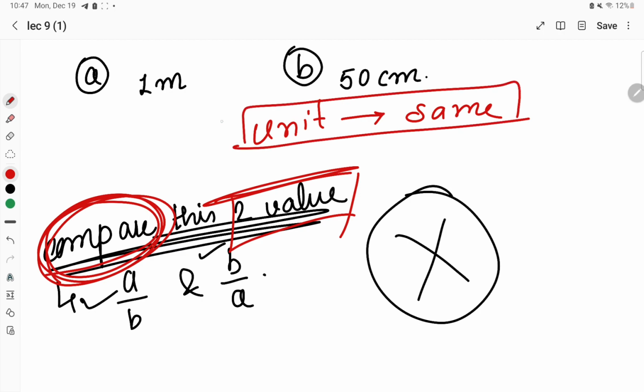This is one condition: the values should have the same unit or the same standard of measurement.